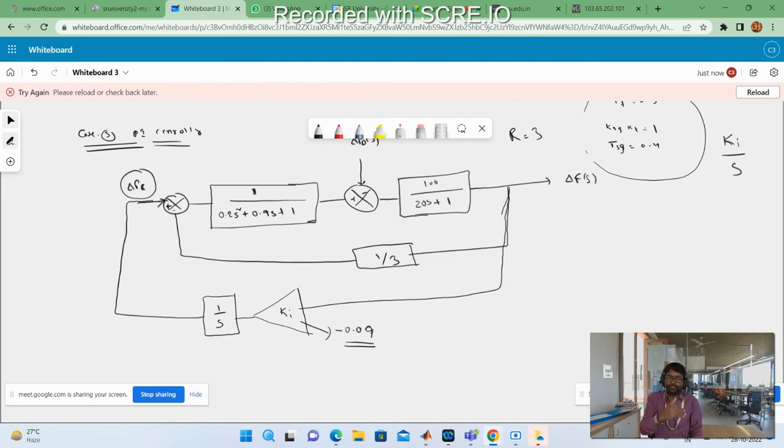Based on the update in the speed changer position, your valve will be opened or closed. This will be done until your frequency deviation equal to 0. Now my question is, what is the steady state frequency deviation if you use the proper PI controller in the load frequency control system? Zero. Perfect.